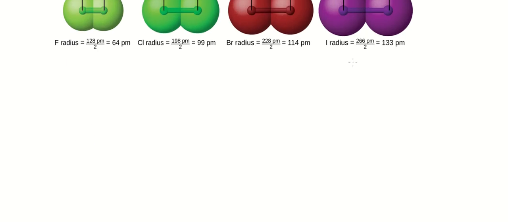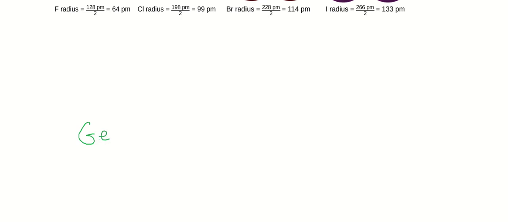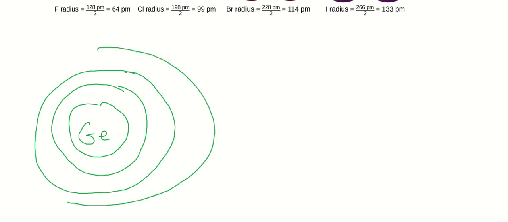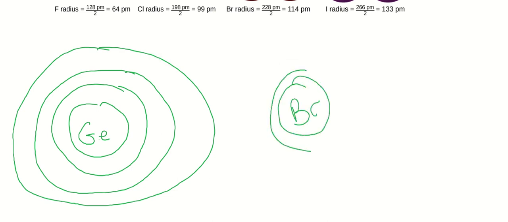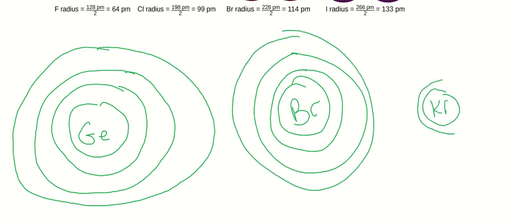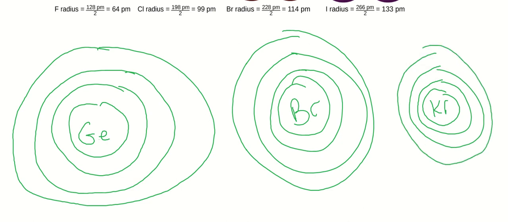Their outermost electrons are all in n equals 4. Let's do this down here. Germanium is going to have 1, 2, 3, 4 energy levels. These electrons aren't out here, though they can be clouds of probability. Then krypton, 1, 2, 3, 4. So they all have 4 energy levels.